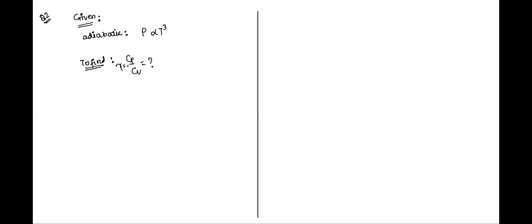Before we solve this question, here is again a quick knowledge update for all of you. In the chapters thermal properties of matter, kinetic theory of gases, and thermodynamics, there is a combined knowledge update which should be known by all of us in order to solve such questions. I hope we all already know that Cp is to Cv is the ratio of specific heats, called lambda.